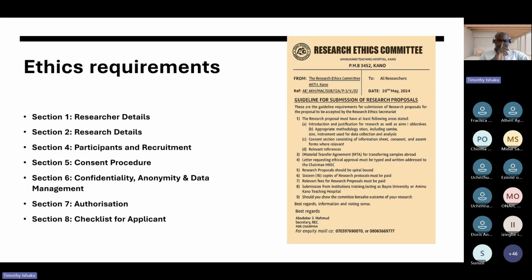In terms of us, there is usually a template. The template covers key information, but they are looking at the background mainly, the methodology, confidentiality, and then some checklists to show that the research is safe.